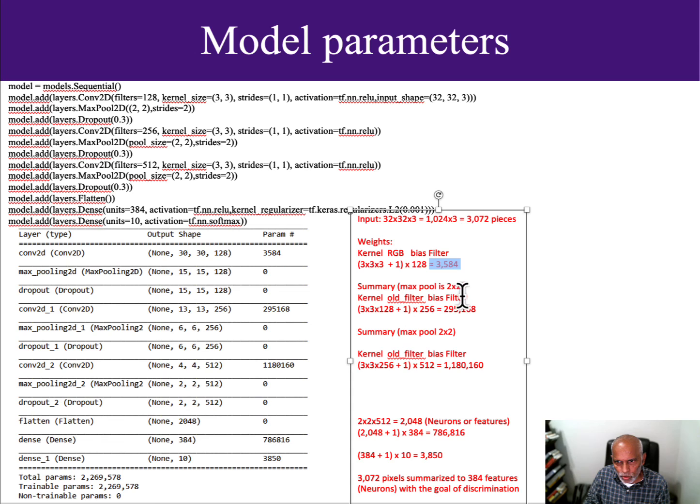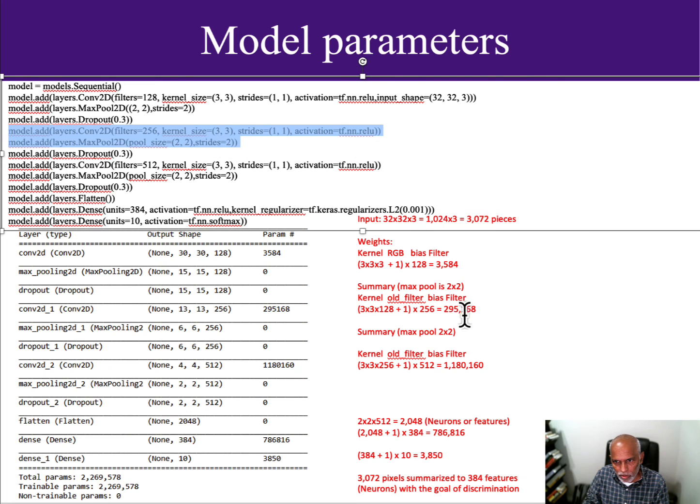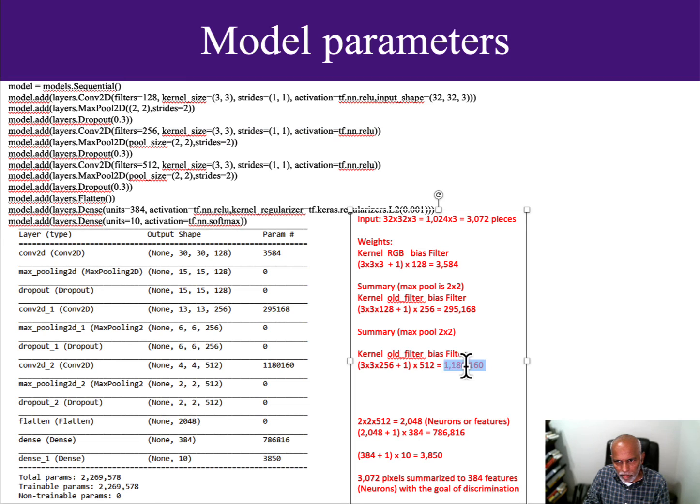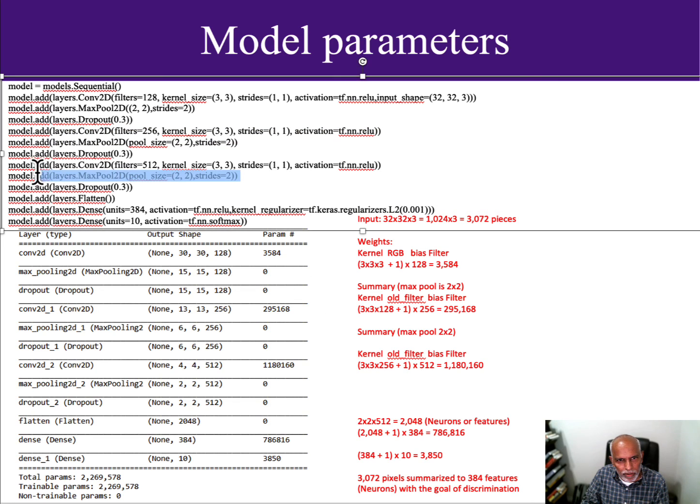And then max pool is 2 by 2. Finally kernel is 3 by 3 times 128, plus 1, times 256. So 256, and it becomes the next layer. I'm talking about this layer: how many parameters are there? That's what this calculation is, and this calculation is how many parameters are in the third layer.